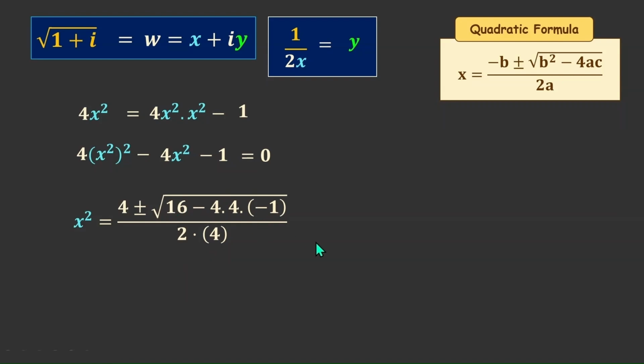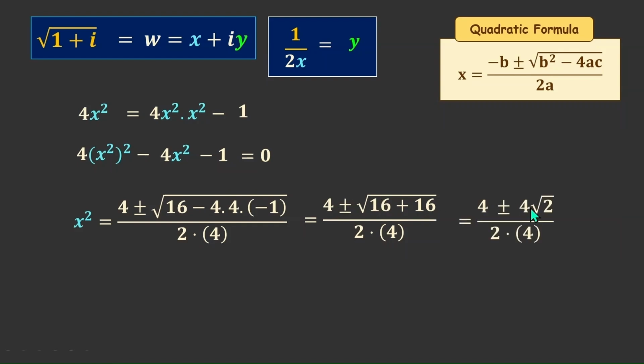So this is 4 plus minus under root 32 divided by 2 into 4. Under root 16 is 4, so we can take 4 outside to give us 4 plus minus 4 under root 2 divided by 2 into 4. Now we can cancel 4 from both the numerator and the denominator. And this gives us that x squared is equal to 1 plus minus root 2 divided by 2.